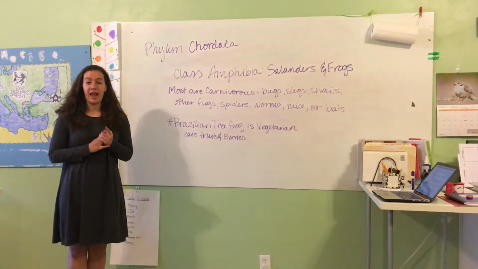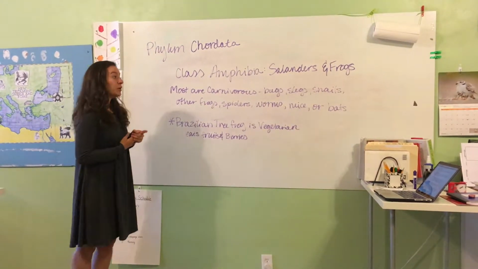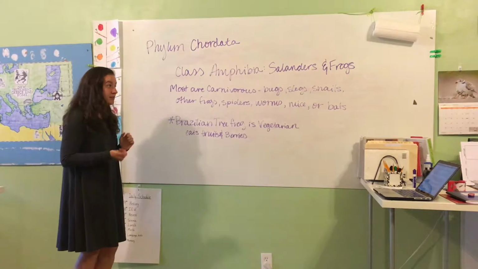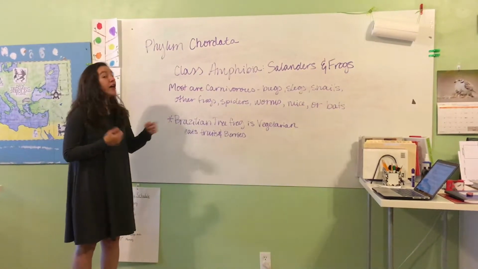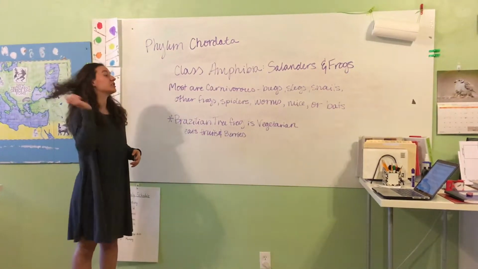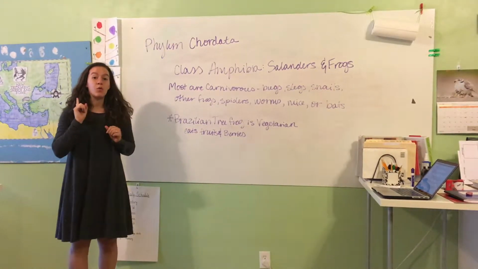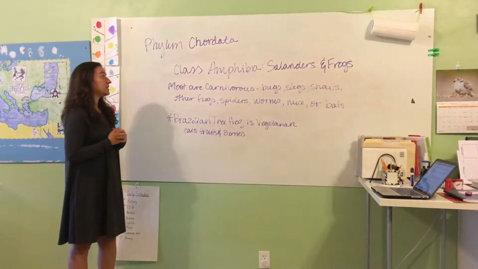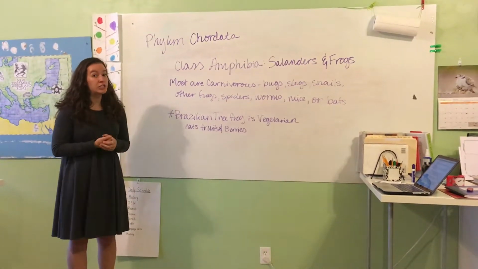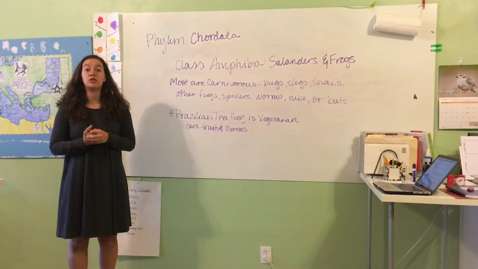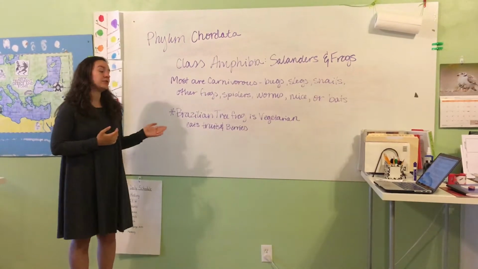They eat just about anything that goes in their mouth, which can be bugs, slugs, snails, other frogs, spiders, worms, mice, or even bats. There is one species underneath class Amphibia that is vegetarian. These are your Brazilian tree frogs. They eat fruits and berries.